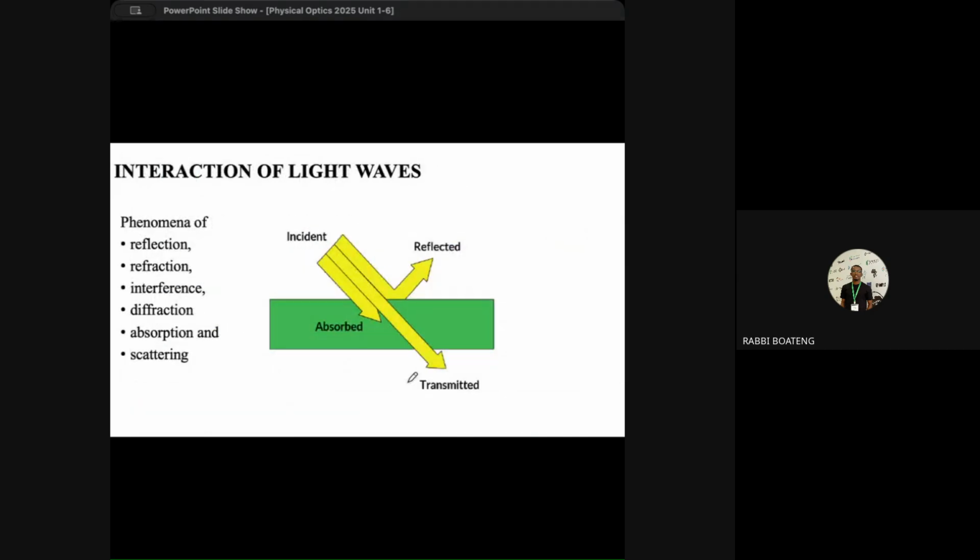Now, when visible light hits matter, a lot of things do happen. But if the class is not something you are really into, you may sleep within these 4 hours. I hope you are not sleeping in my class.